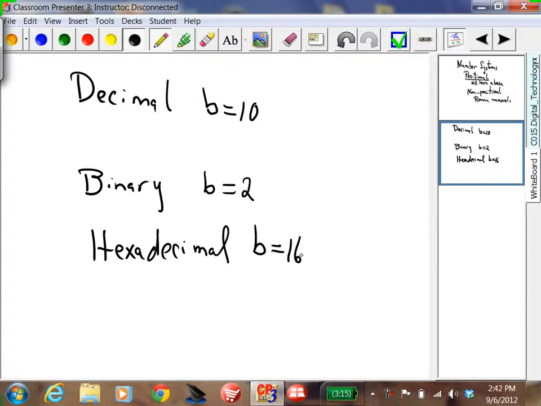We will run into one other number system as we go along. There's also the octal number system. The base of the octal number system is 8. Now, actually, there are number systems of all bases. Okay, starting at 2. There's no base equal to 1, but these are always positive integers. 2 can be the base of your number system. 3 can be the base. 4 can be the base.